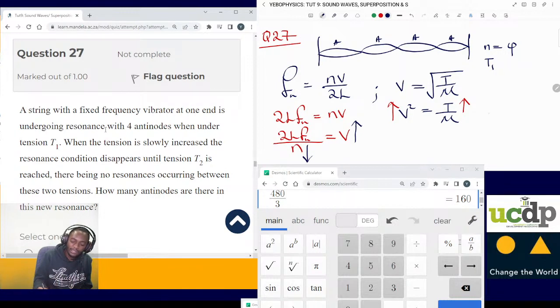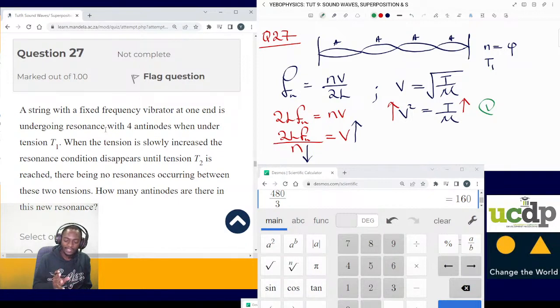So this is the first relation that we're considering. We're told that the tension is going to slowly increase until we match with tension T2, and at T2 we have a certain resonance occurring, obviously with a different number of antinodes.